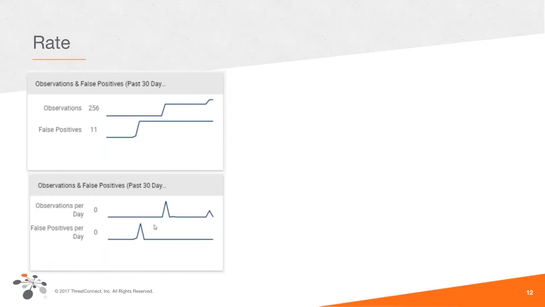I can see a spike followed by a tiny blip, and a more recent but smaller spike. I can see much more clearly that we had some false positives, but the observations followed the false positives by about a week. So now I can look for trends. I can look for patterns. I can see things that are meaningful.